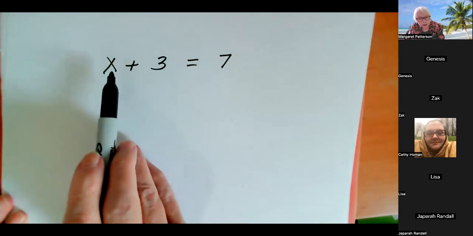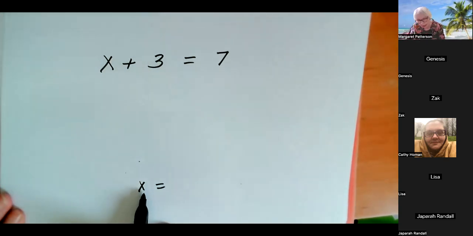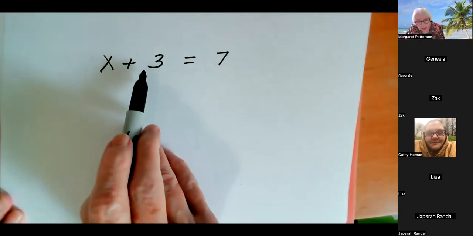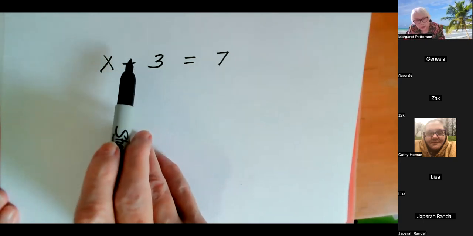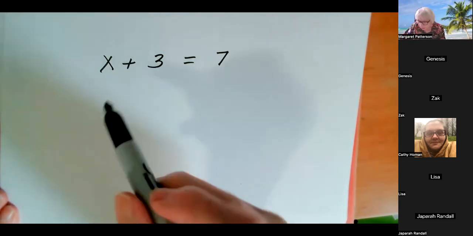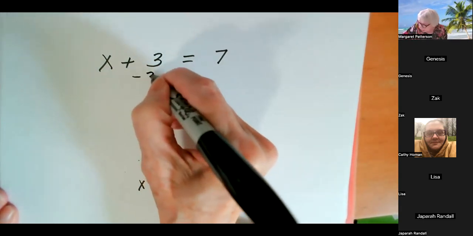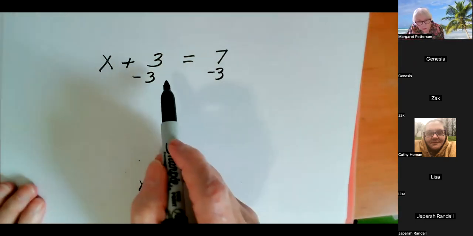Nobody in this world cares about X + 3. What they care about is X. How much is the missing number? And so what we have to do is really get rid of the +3. And so when you see it's adding, what you want to do is subtract. And I like to put it below. Sometimes they put it to the side, but I like it below.